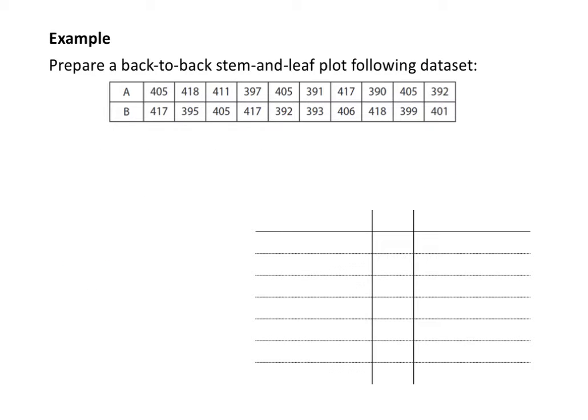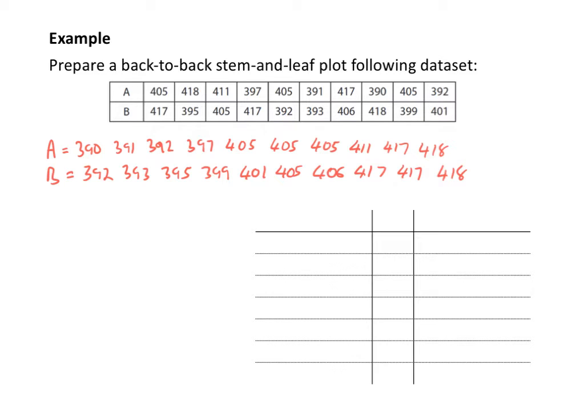In this example, I'm going to prepare a back-to-back stem and leaf plot for dataset A and dataset B. Now, the first step that I need to complete is arranging both datasets into ascending order. Now that the data has been arranged into ascending order, I can go ahead and decide on a scale for my stem and leaf plot. Now I'm going to use a scale of 5.